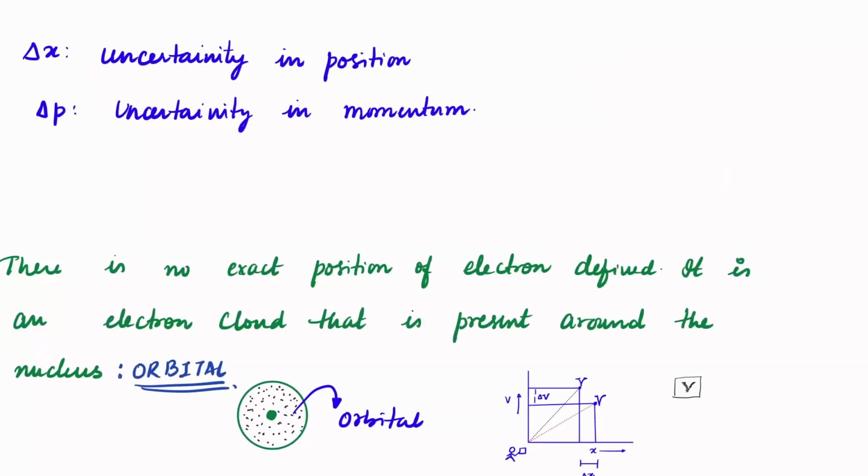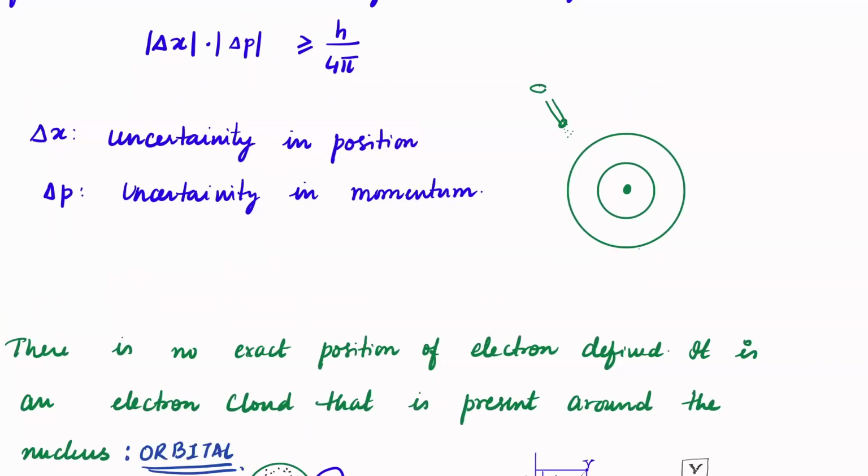Imagine we have a nucleus here and around it we have different orbits. Practically, if you want to figure out where exactly the electron is present, what do we usually do? We try to figure it out using a microscope, maybe. So let's say this is the microscope and our eye to check where exactly the electron is present.